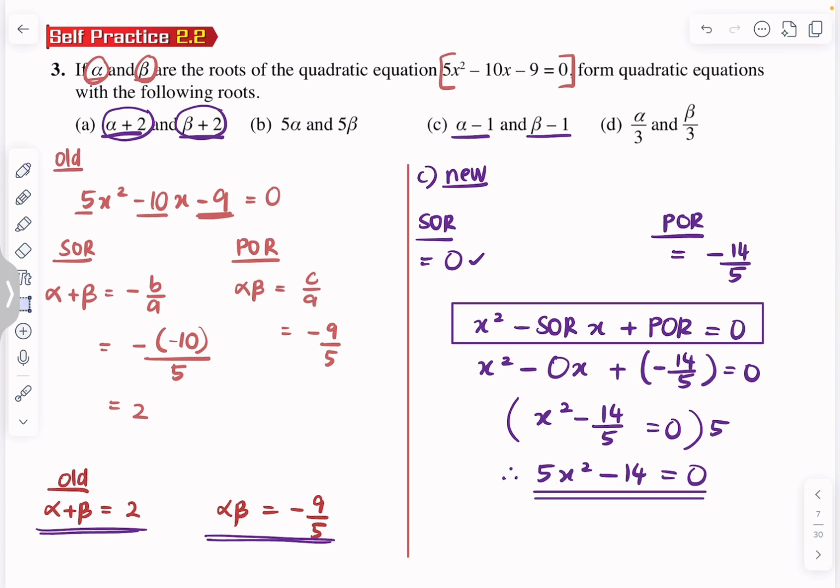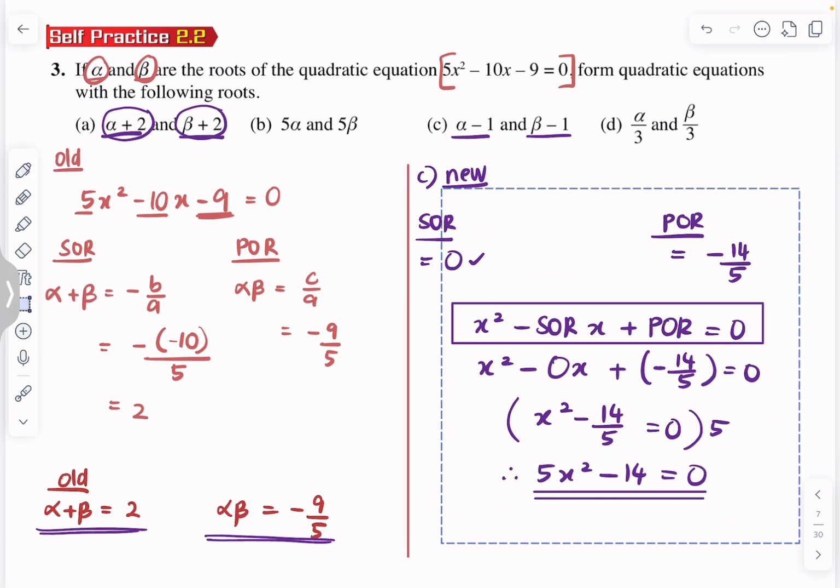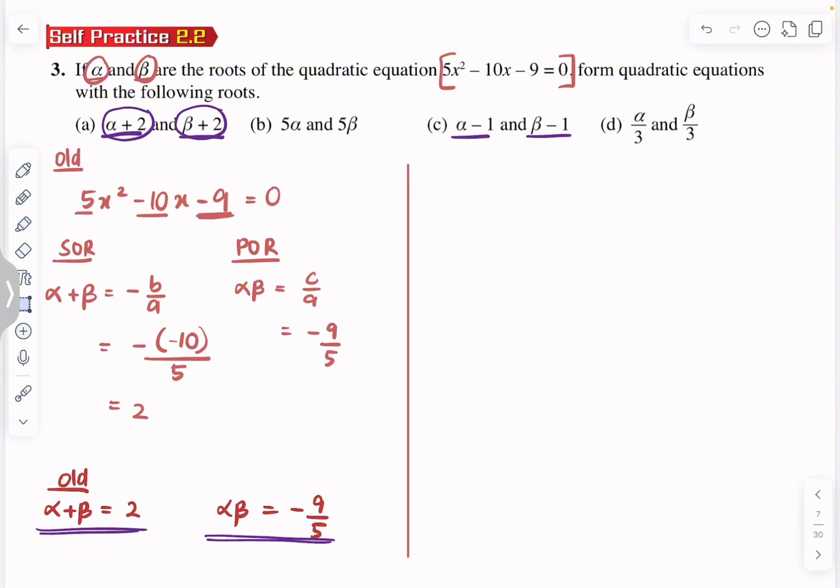Next, D. Last one. So D, our new sum of roots and product of roots. So sum of roots will be alpha over 3 plus beta over 3. So it will be alpha plus beta over 3.